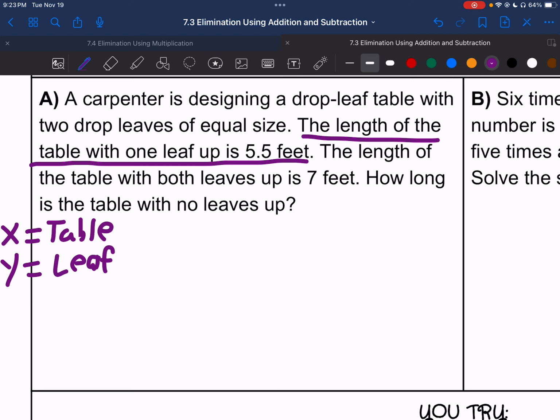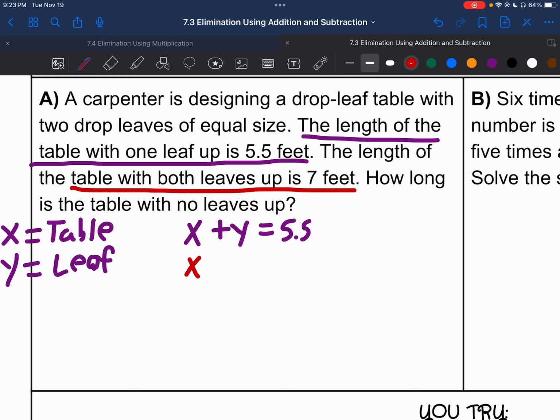So in the first sentence, we have the length of the table with 1 leaf up, so x plus y is 5.5 feet. My third sentence here rather, the length of the table with both leaves up is 7 feet. So our base table plus 2 leaves is 7 feet.